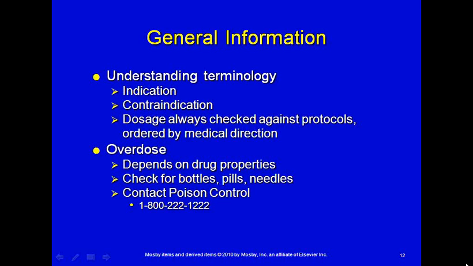An overdose depends on the type of drug, and certainly the amount of the drug that's given determines whether or not it's an overdose. And when we arrive on scene, a patient may have overdosed on their medications, and if that is the case, then we need to look for those bottles, pills, needles, things that would indicate that they've had access to drugs.